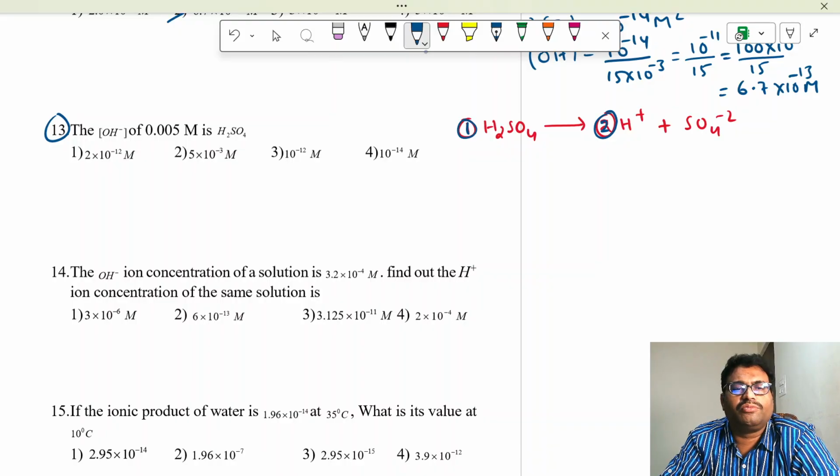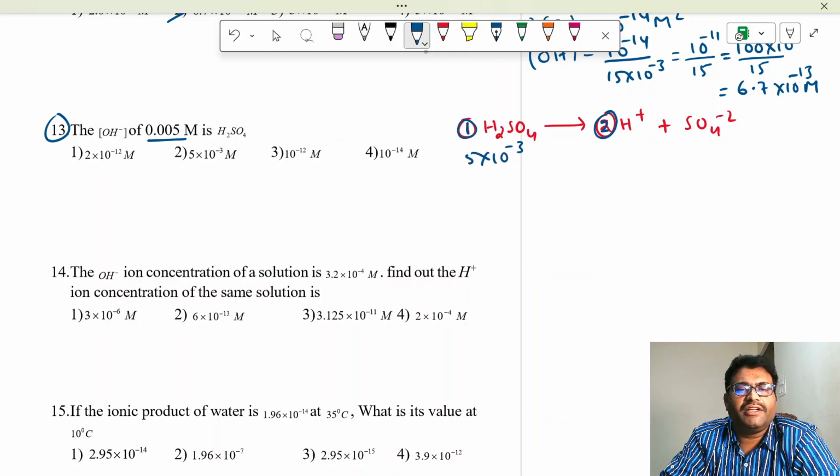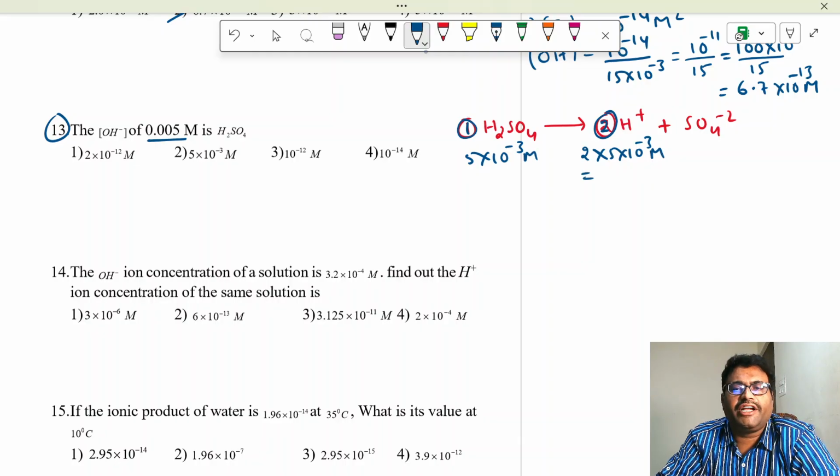Here, what is the concentration of H2SO4? 5 into 10 power minus 3. We get 2 into 5 into 10 power minus 3 molar. That is equal to 10 into 10 power minus 3, that means 10 power minus 2 molar.